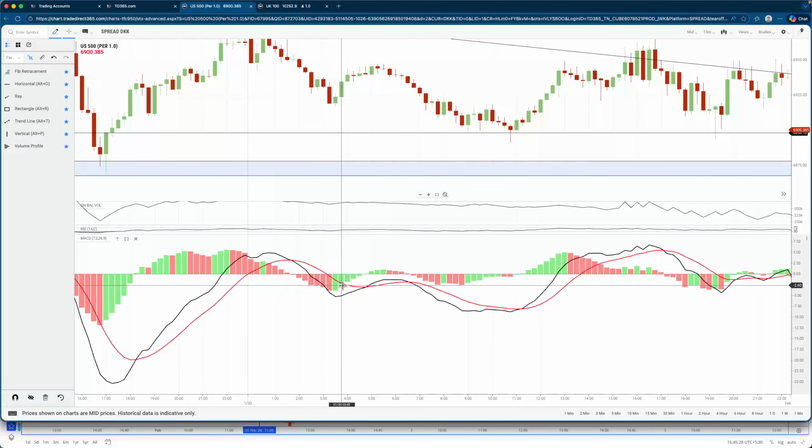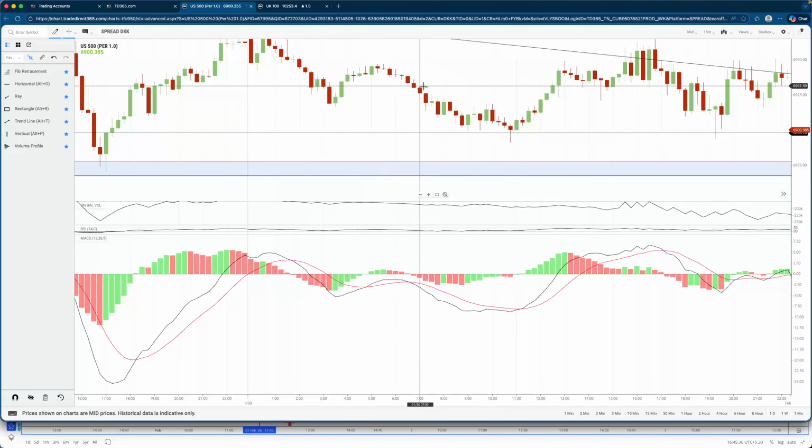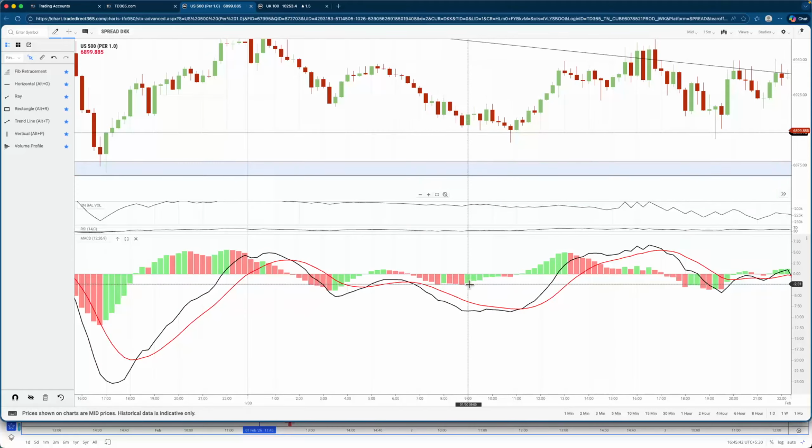On this pullback, there was not much momentum. It continued. Now you can see this price rejection, this pullback, does not have much momentum difference. It is a bearish move, but the intensity of the momentum is relatively weak.